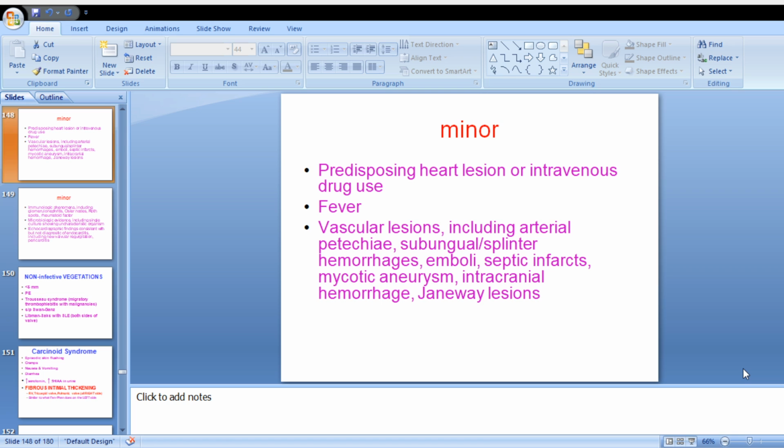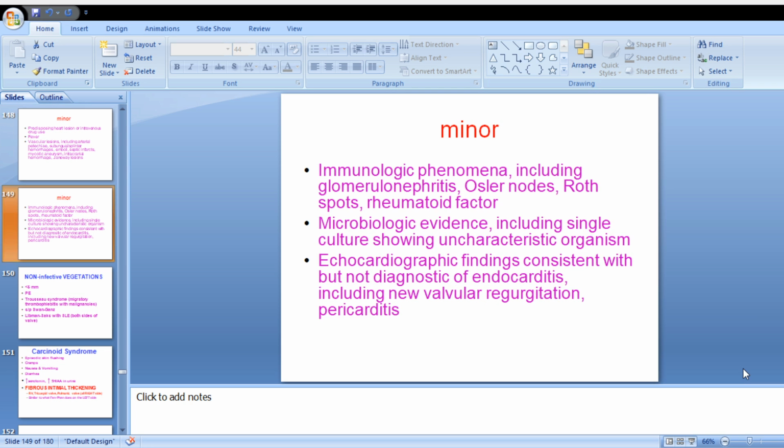Then minor criteria: history of any heart lesion or intravenous drug abuse, associated fevers, vascular lesions like arterial petechiae, subungual or splinter hemorrhage, septic infarct, mycotic aneurysm, intracranial hemorrhage, and Janeway lesion. Other immunological phenomena can present as glomerulonephritis, Osler's node, Roth spot, rheumatoid factors. They all come under the minor criteria.